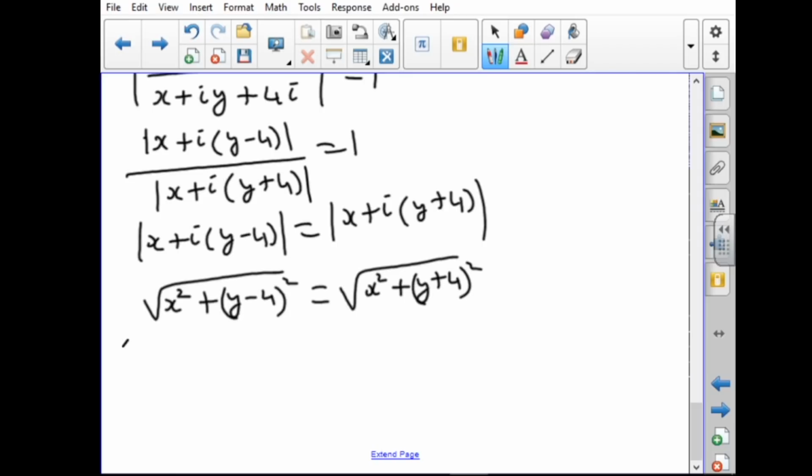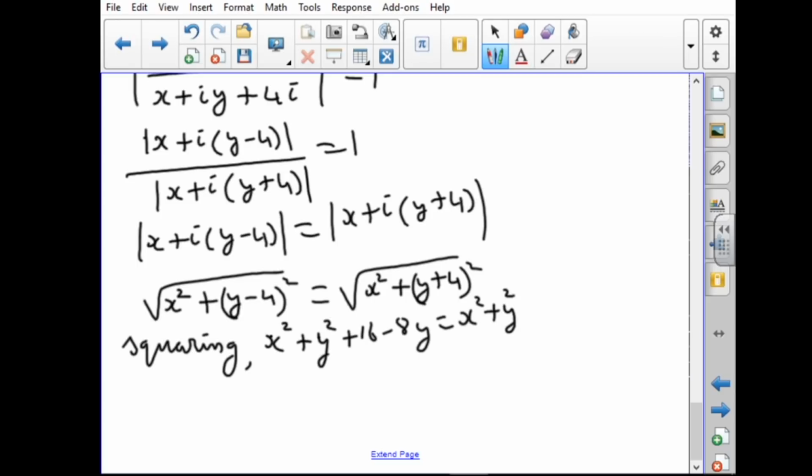Now squaring both sides, the square root can be removed and inside we can expand. This is of the form (a minus b) the whole square, so using the identity we get x square plus y square plus 16 minus 8y is equal to x square plus y square plus 16 plus 8y. Here we use the (a plus b) the whole square identity.